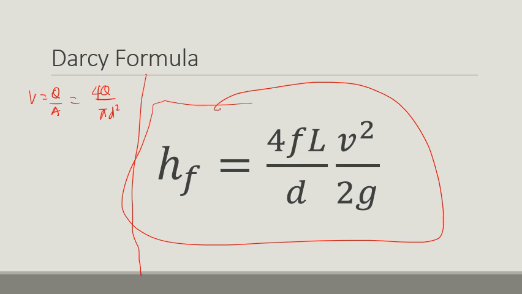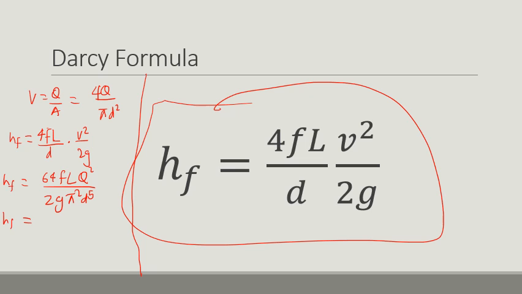expression. And now inputting this into the Darcy formula, you have HF will now be equal to 4FL over D multiplied by V square over 2G, which will now be equal to 64 FLQ square, when you put the value of V as 4Q over pi d square, 64 FLQ square over 2G pi square d raised to the power 5, which can be simplified further.